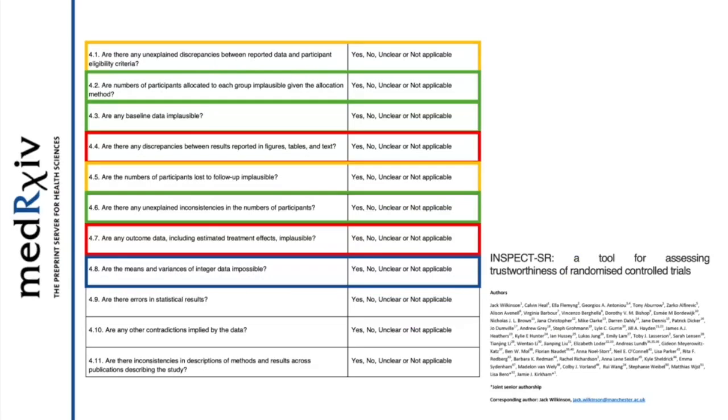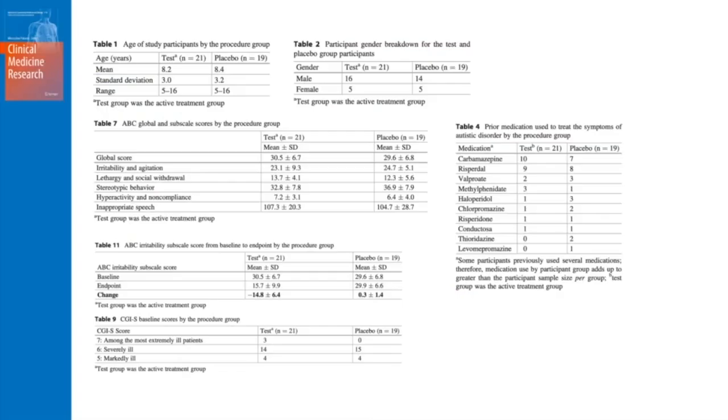Now, next check. Are the means and variance of integer data implausible? For that, you will have to inspect the figure a bit, but you will need a tool. First of all, you need to find, within these tables, the ones that provide integers.